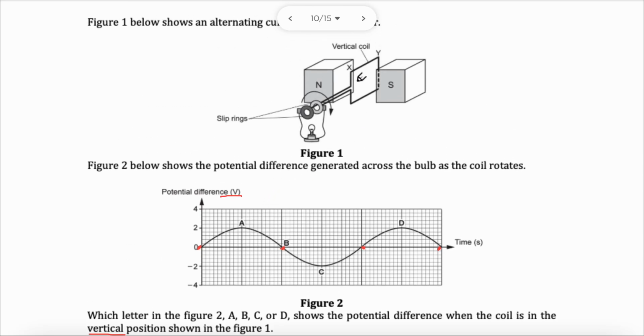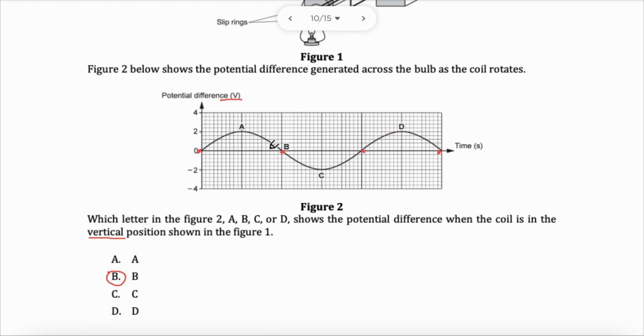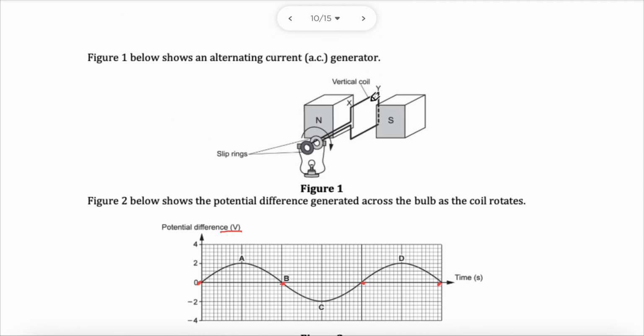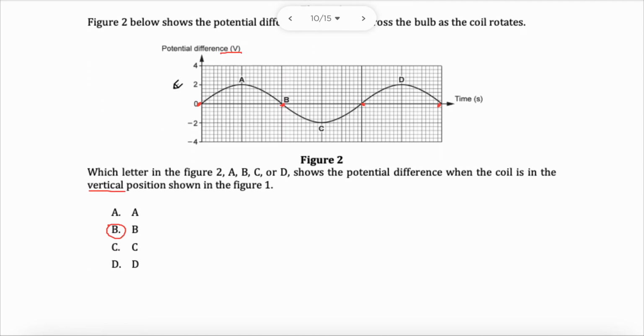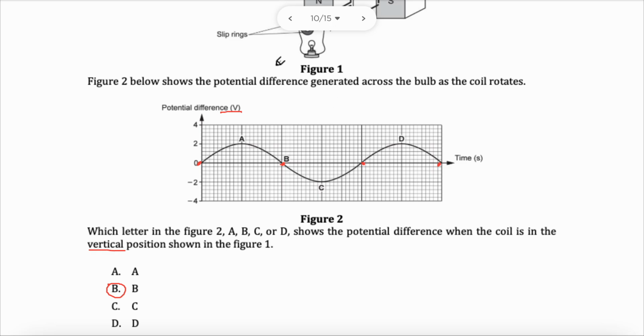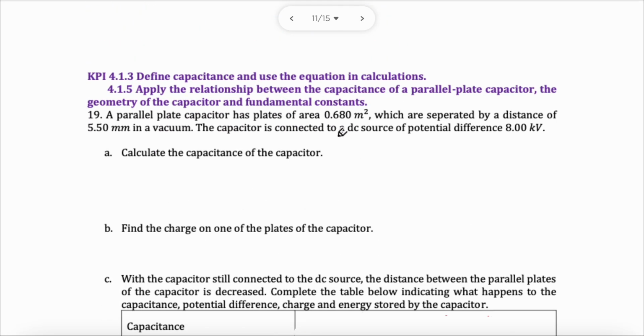Maximum needs to be in a flat position, which will end up being either A, C, or D. So minimum, position 1, because this is vertical. We have our answer. There's a whole long reasoning behind that. I have explained that in my lesson video, so go check it out if you want further clarification.